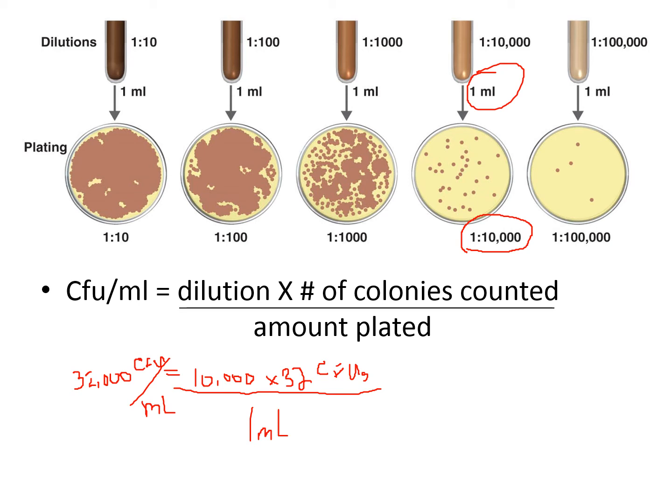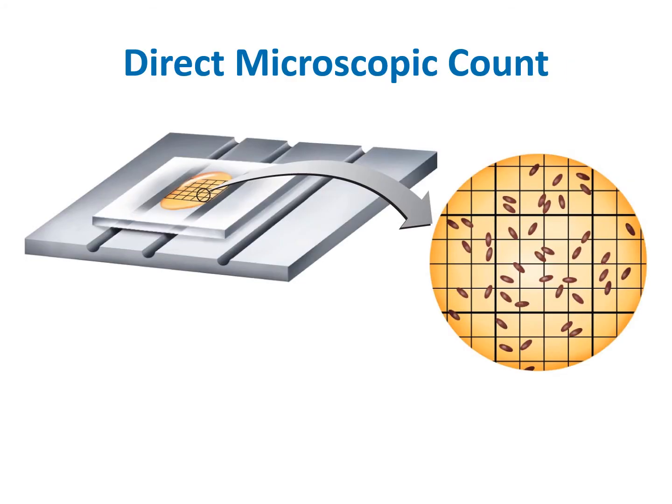That's not the only way that we can count cells, however. Another way that we could count cells in a culture is by using what's called the direct microscopic count. Instead of using CFUs, we're going to look at individual cells. For this type of count, you would need a special slide called a Petroff-Hauser counter, or you could use a hemocytometer.